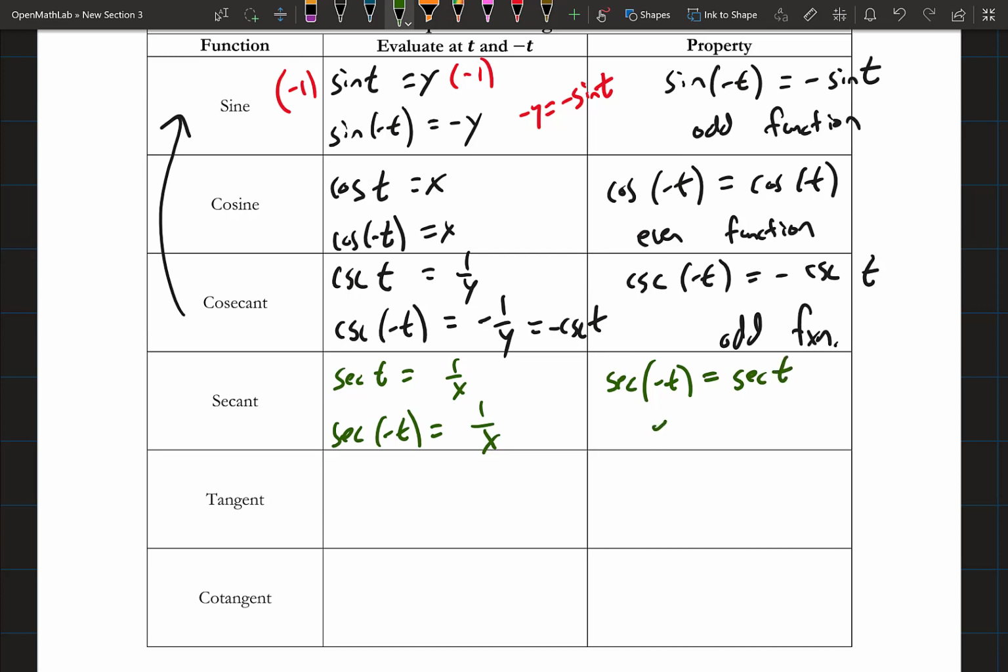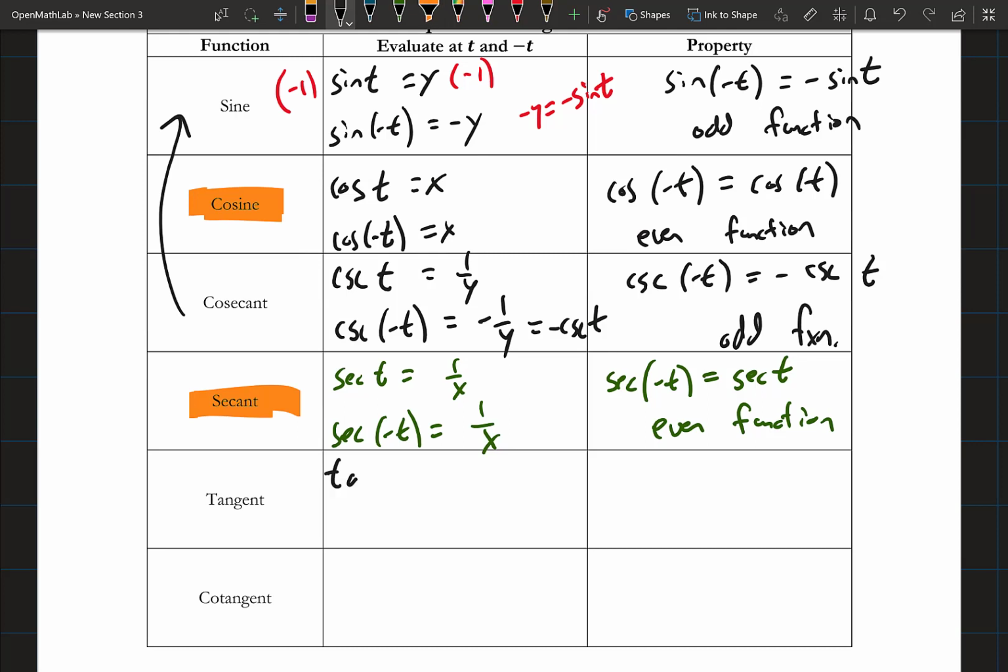So this is an even function. And then we'll look at the next two, which are going to be odd. An easy way to remember it is that cosine is even, and its reciprocal function, secant, is also even, and the rest of the functions turn out to be odd.